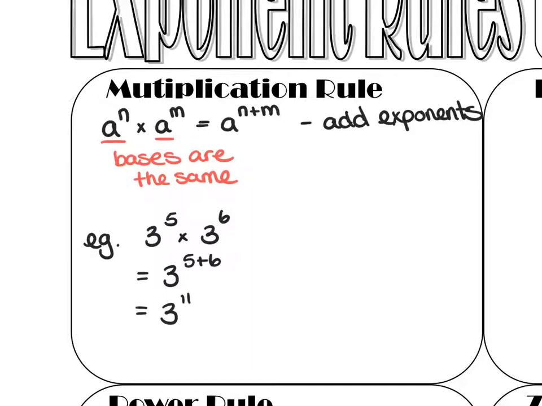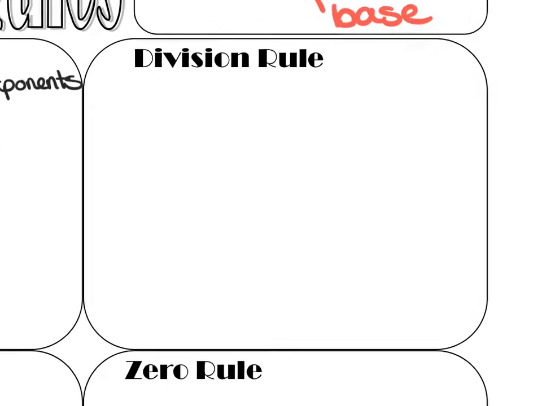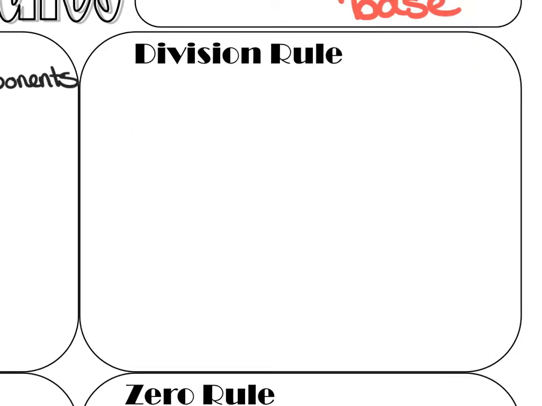Okay, let's move over to the division rule because it's kind of similar. The division rule looks like this, where we have a to the n divided by a to the exponent m. Now in this case, it could also look like this.